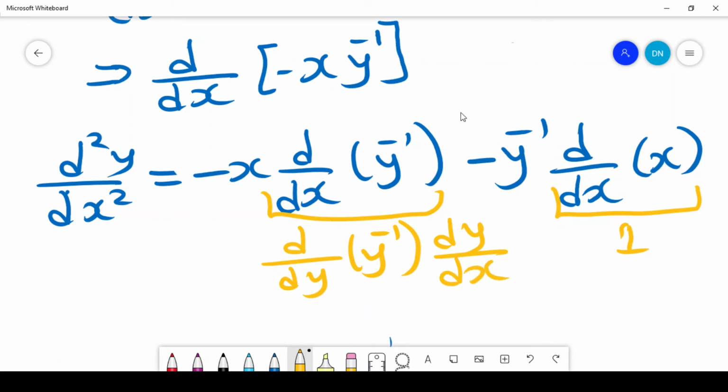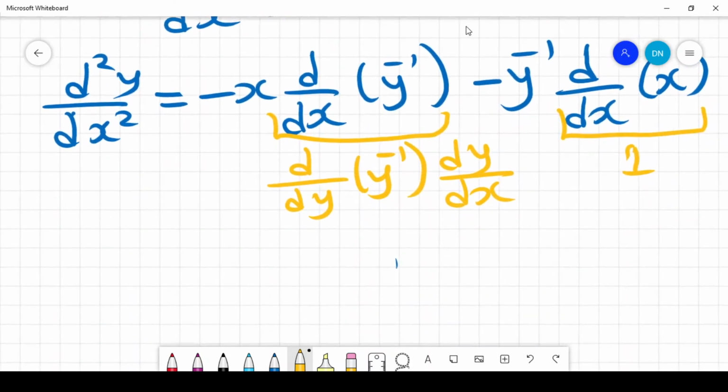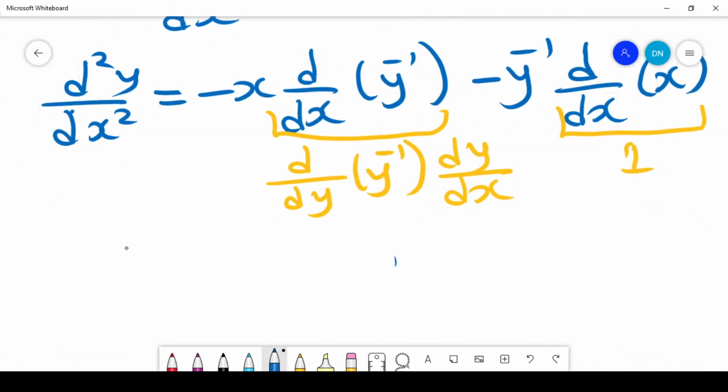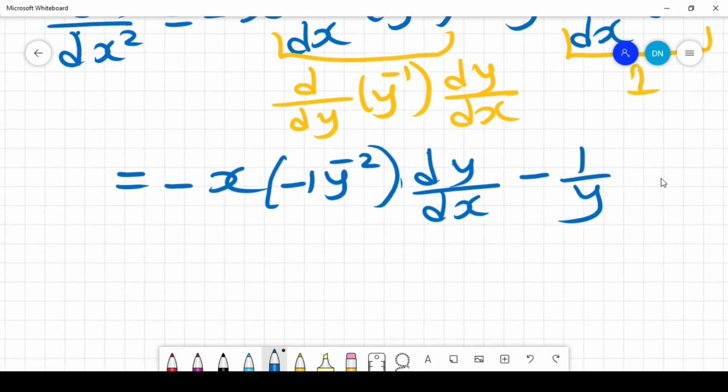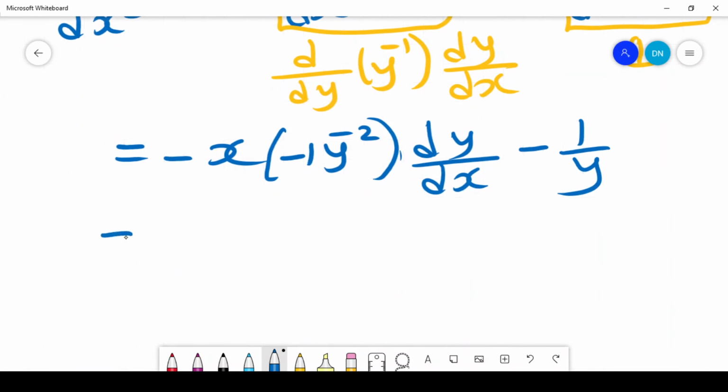Since we have that knowledge, this will give us negative x. If you differentiate this, you take the negative down there and reduce the power by 1. So this gives me negative 1 times y to the power minus 2 dy/dx, minus 1 over y. I know it's looking a little bit clumsy, but you'll be fine. So this becomes positive.